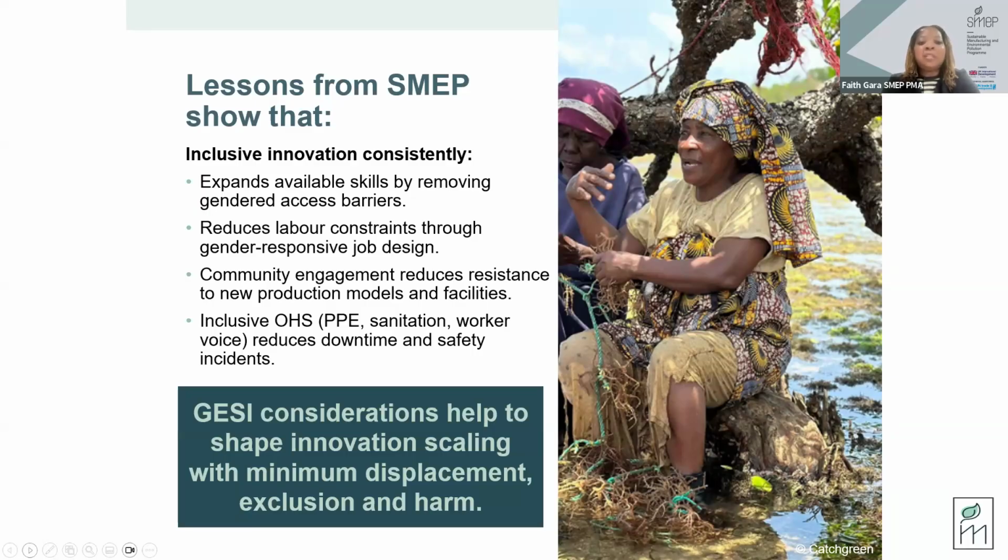Community engagement and participation in local projects reduces resistance to new production models, and context-specific occupational health and safety improves workers' morale and capacity while reducing downtime and safety incidents. All these inclusion measures are not just good for workers, but they are good for business as well, which is a main focus in SMEP. How do you scale your business model responsibly and sustainably?